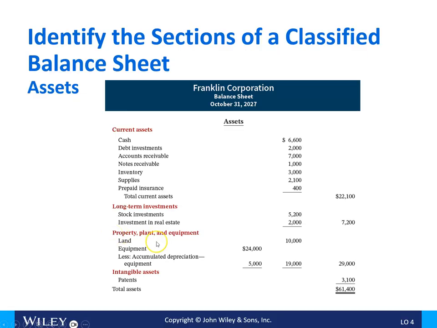Property, plant, and equipment: land, equipment, less accumulated depreciation. We have a total there. And we have intangible assets, in this case patents. And then we get our total assets. So that's breaking up our asset accounts into 4 different categories.